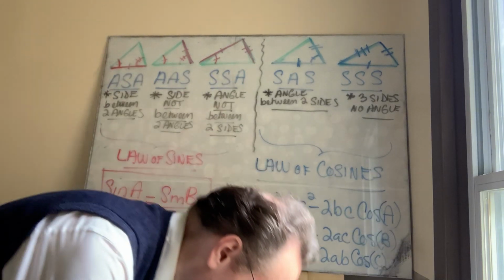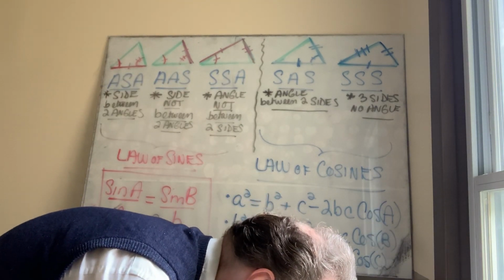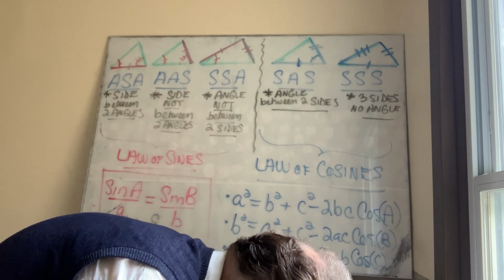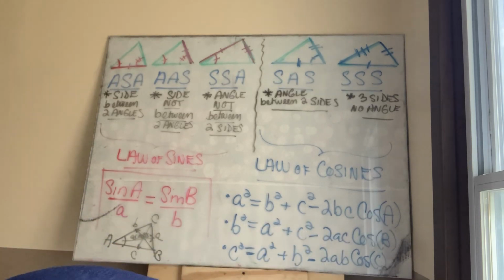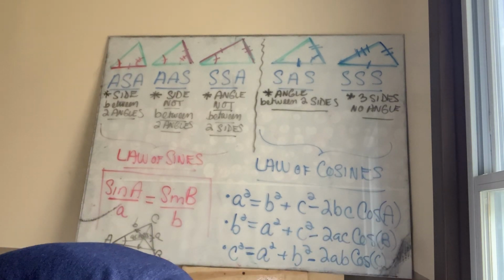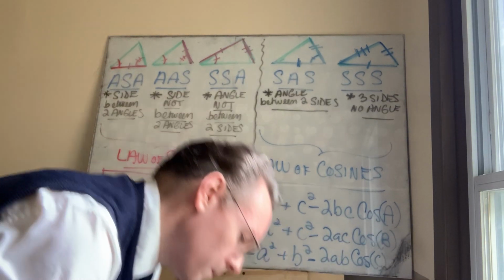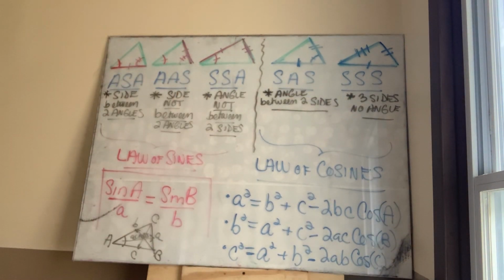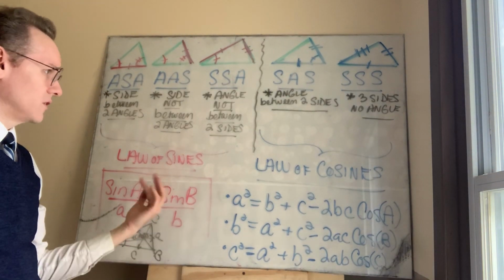Now, bear with me because I want to verify I've not written something incorrectly. I'll stand back to look at it. Let's see. A squared, b squared, 2b. Looks like it's good. Okay, good.